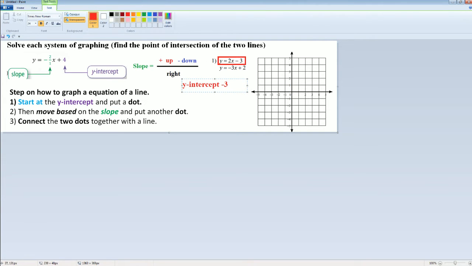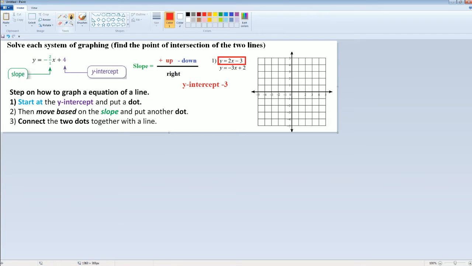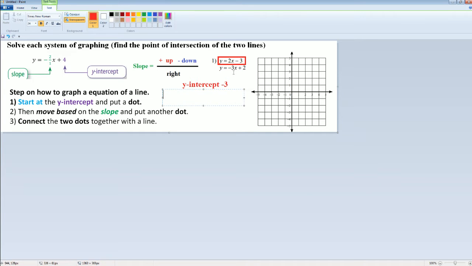The slope is the number in front of the x, not the x itself. Remember, it's always a fraction. It is a number divided by another number. So in this case, its slope is the number 2 in fraction form, so it's 2 divided by 1, because there's a top value and a bottom value.